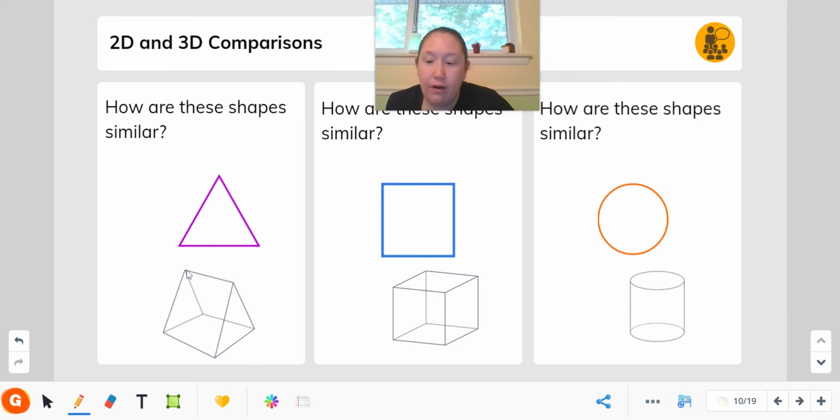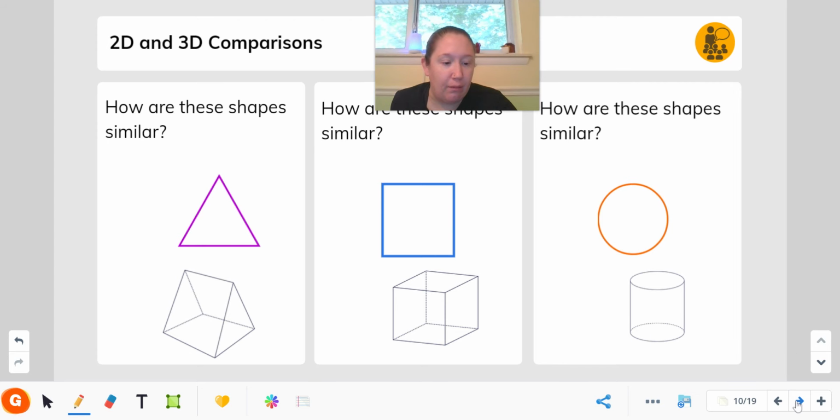So while it is a 3D shape, it does have some characteristics of the 2D shape. The same goes for the square and the cube. A cube is actually just several squares all working as faces. And for the cylinder over here on the right, see the circle? We have a circle at the top and a circle at the bottom.